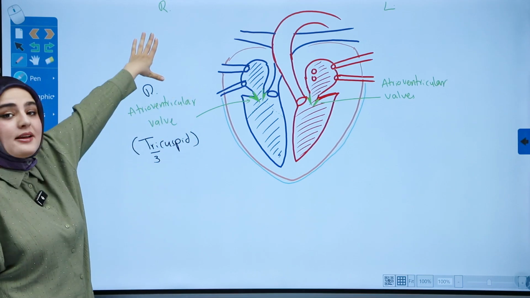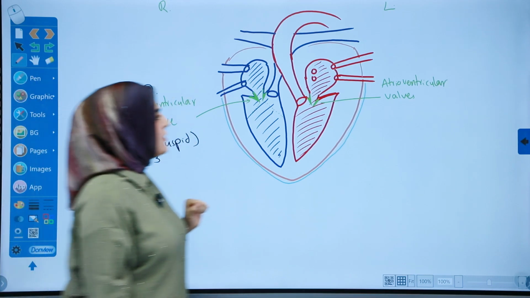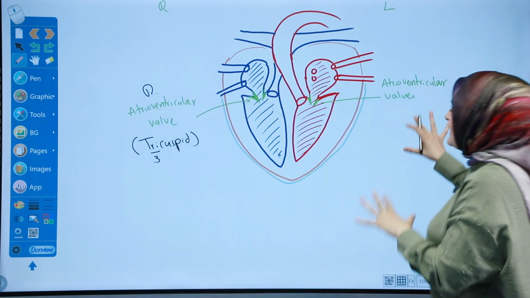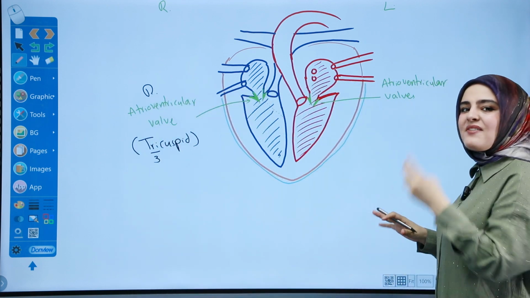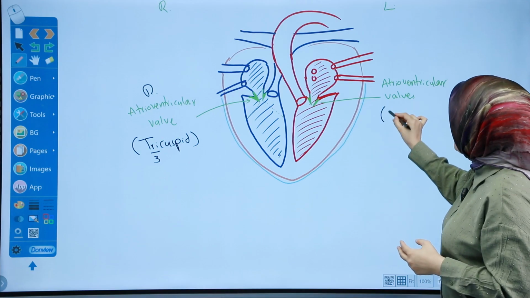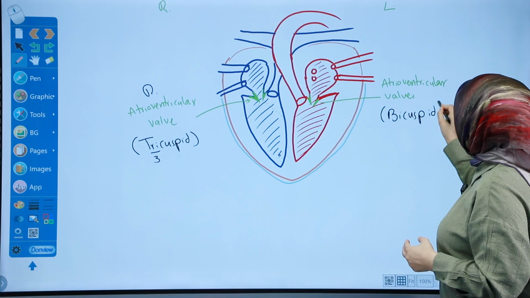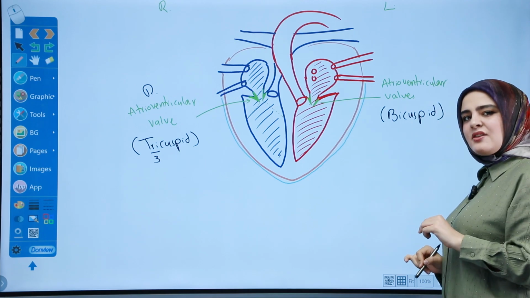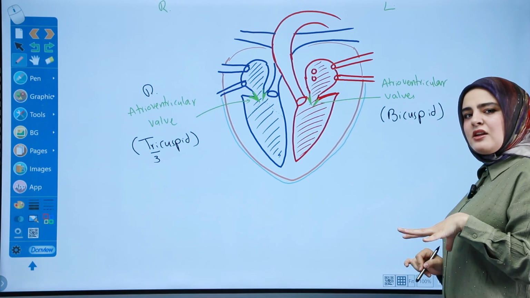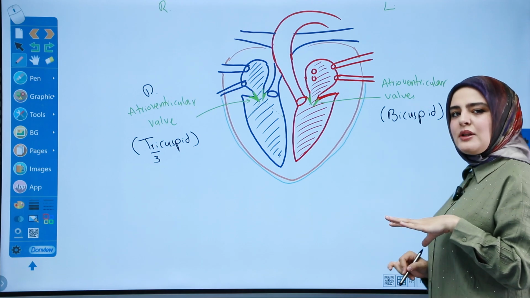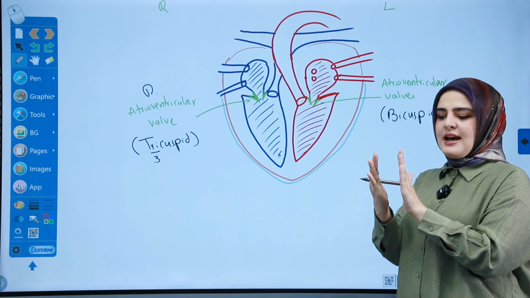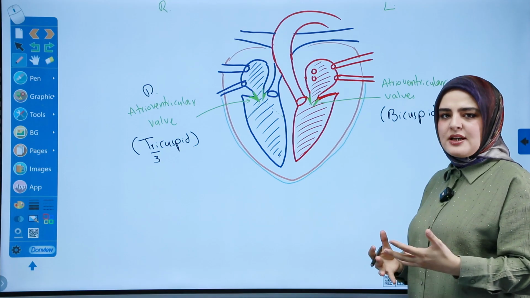And it's on which side? The right side. However, on the left side, this one doesn't have three flaps. It has only two flaps. So we will name it bicuspid. Bicuspid has another name because the first time they looked at it, they saw it has two flaps like that, and it looks like a bishop's hat.